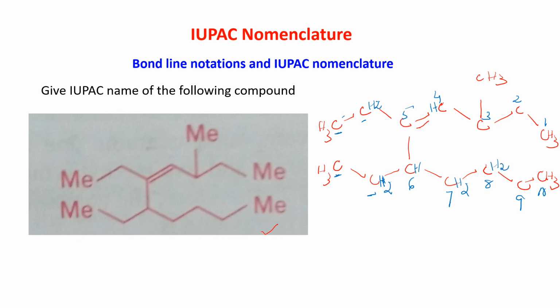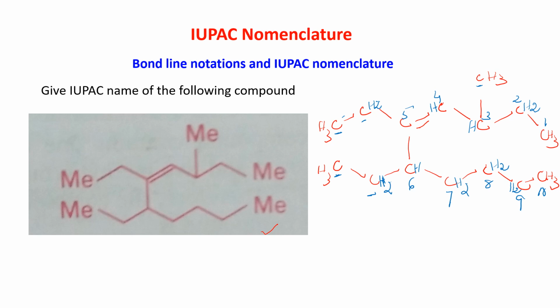See for carbon number 9, it is also 2 valencies satisfied, so 2H will be required. And carbon number 10 is satisfied. Now come for carbon number 3. This carbon number 3 has 3 valencies satisfied, so 1H will be added. Now see for this carbon atom is satisfied. Now see for carbon number 2, this carbon is 2 valencies satisfied, so it will be H2. Now the carbon number 1 is already satisfied. So now these are the hydrogen that I have given.